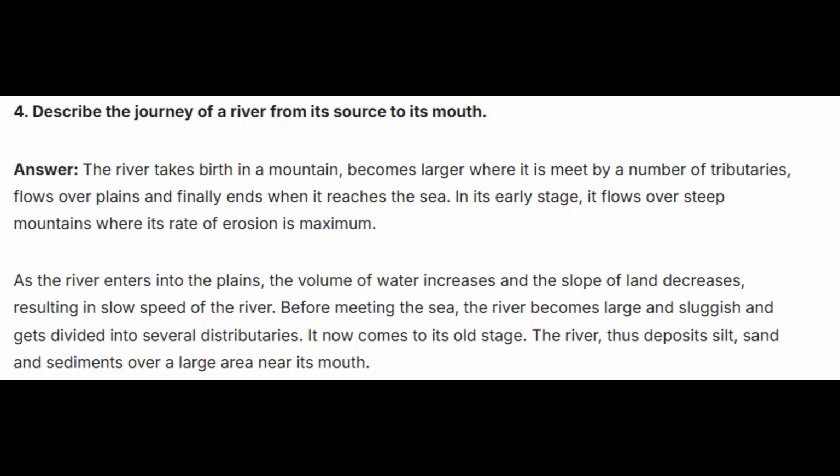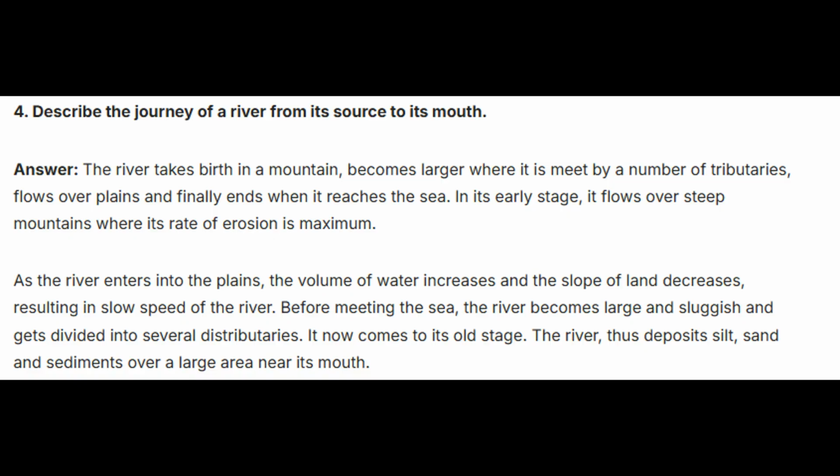Fourth, describe the journey of a river from its source to its mouth. Answer. The river takes birth in a mountain, becomes larger where it is met by a number of tributaries, flows over plains and finally ends when it reaches the sea. In its early stage, it flows over steep mountains where its rate of erosion is maximum.